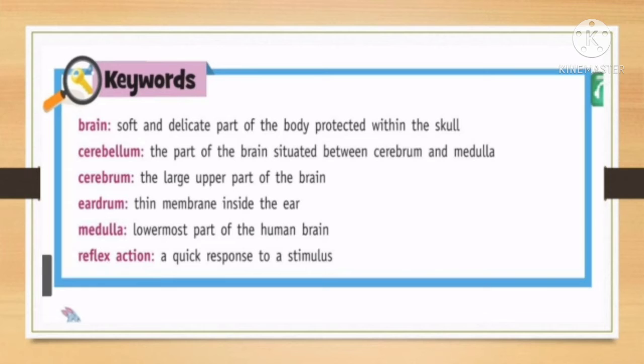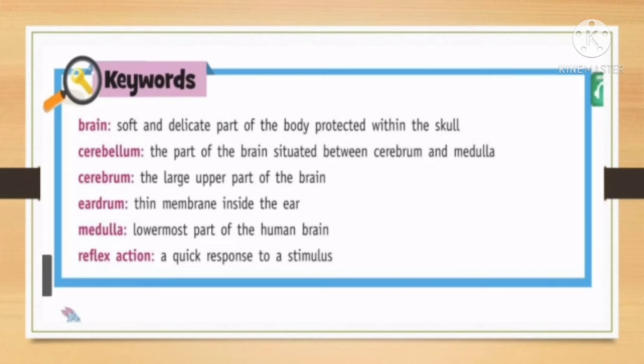Now next, it is cerebellum. Cerebellum is the part of the brain situated between the cerebrum and medulla. When you look at the parts of the brain, you can find the brain is divided into three different parts.